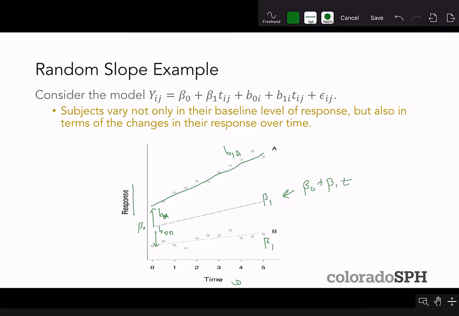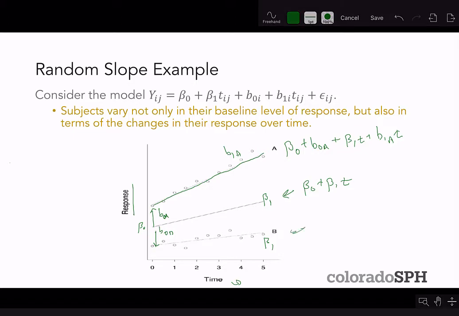For subject A, it's going to be beta 0 plus beta 0A, their subject-specific intercept, plus beta 1 times time plus their subject-specific slope, beta 1A times time.